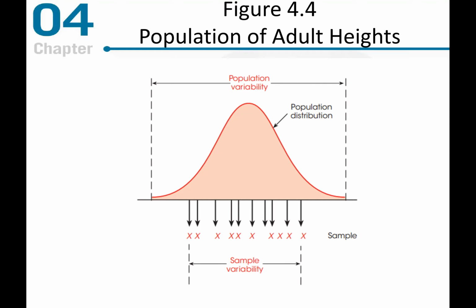We also don't have people who have dwarfism. So we have less variability in our sample than is present in the population. And so usually the bias is in the direction of underestimating the population value rather than being right on the mark.